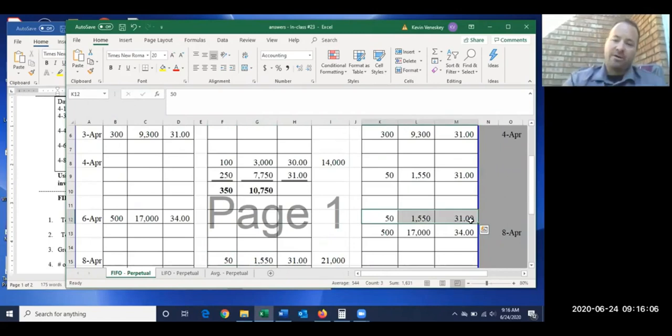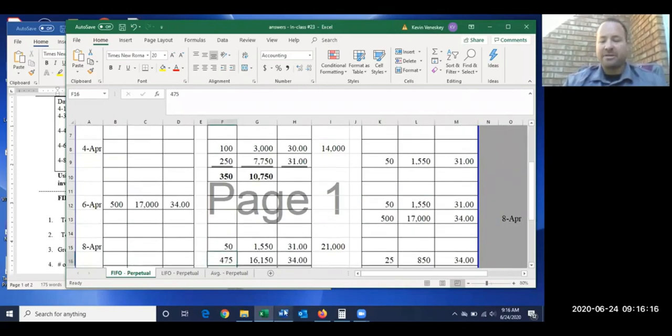All of it gets carried over into being sold. And then when I do the math, if I sold 525 and I just took care of the first 50, that means I have 475 left to sell. And those 475 cost me 34 bucks a piece. Those are the two numbers that I manually fill in. And then I just do the formula to figure up 34 each times 475.